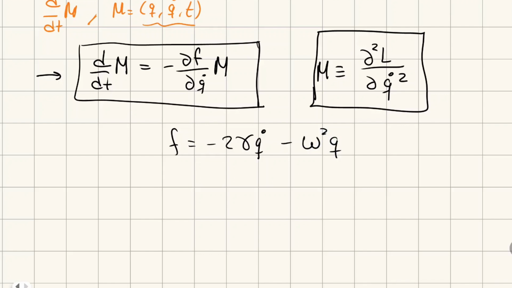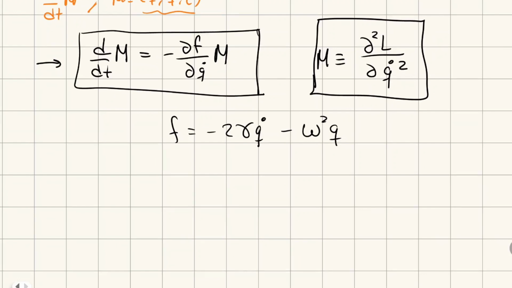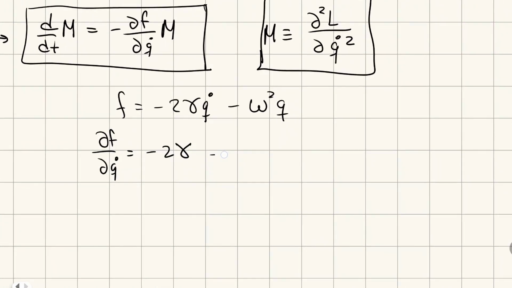If we work with this expression, for example, let's calculate the derivative of f with respect to q dot, as this equation says. So that is the partial of f with respect to q dot is equal to minus 2 gamma. So for the damped harmonic oscillator, we get that the total derivative with respect to time of m is equal to negative this quantity, so that will be 2 gamma m.